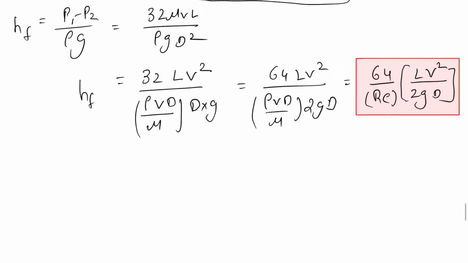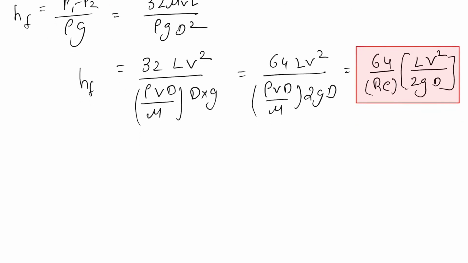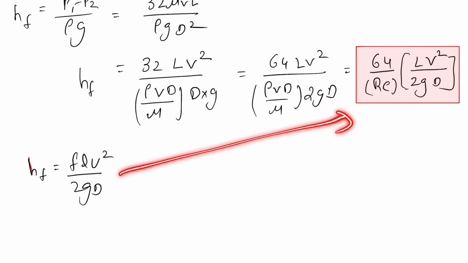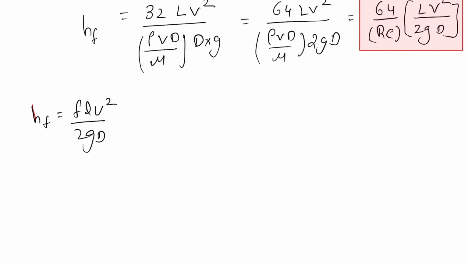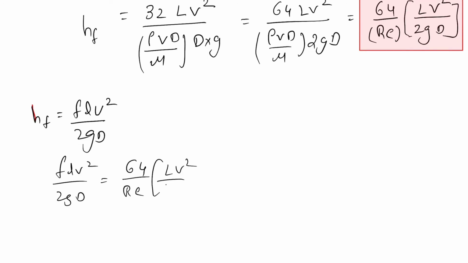Now, you have already seen the expression for head loss due to friction. What is it? hf is equal to f L V square by 2 g d. We'll equate this here. What will happen? f L V square by 2 g d is equal to 64 by Re into L V square by 2 g d.